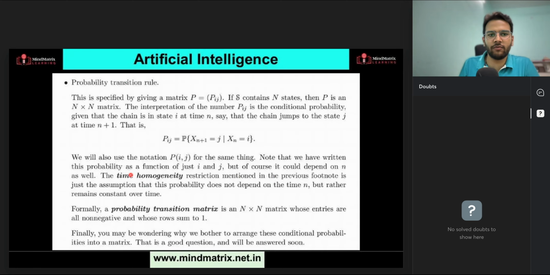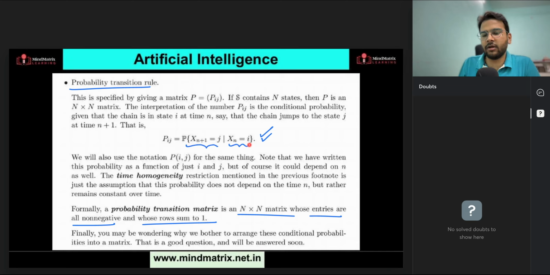And here it is talking about the probability transition rule, which is nothing but the transition probability matrix, an n by n matrix whose entries are all non-negative and whose rows sum to 1. And this is our Markov assumption, the probability of the next state given the current state.